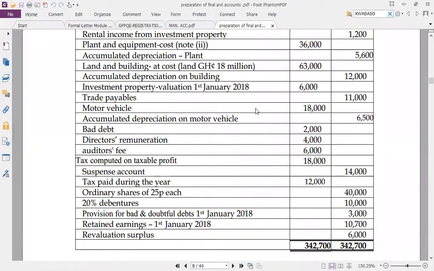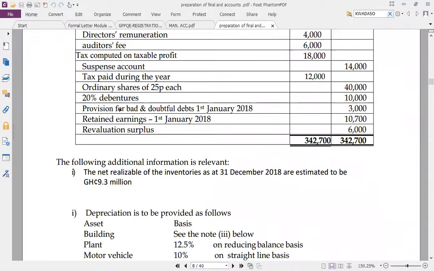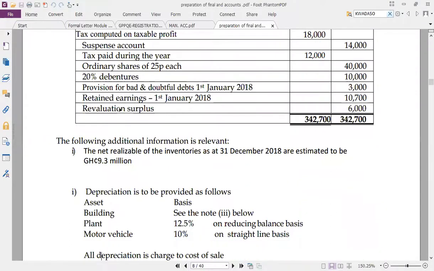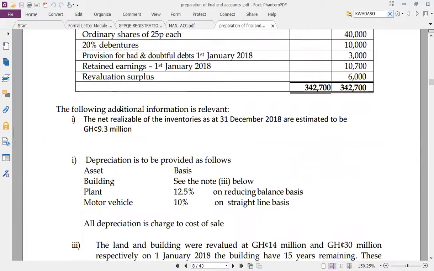So let's go and pick the cost. Motor vehicle, the cost is 18,000. All I have to do is apply the 10%. Just that they sold some of the motor vehicle, which must be subtracted or removed so that we depreciate the remaining assets.